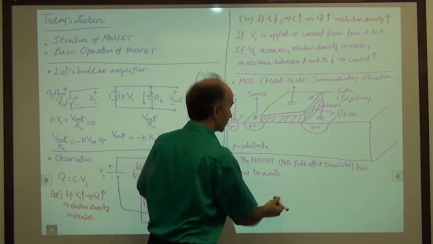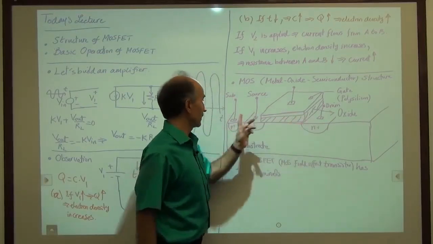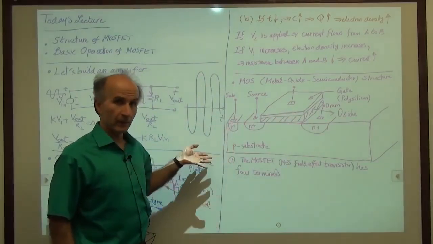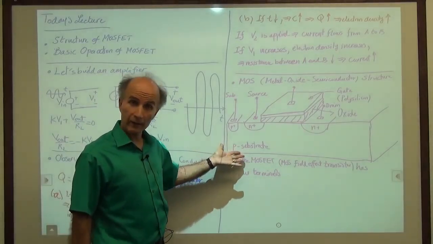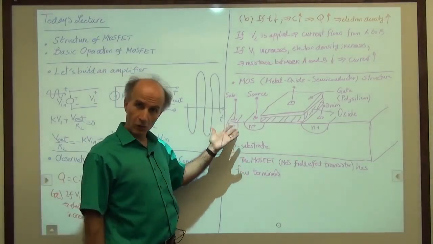We have a gate, we have a source, a drain, and a substrate. Sometimes the substrate is called body, sometimes it's called bulk. Usually we call it the substrate.